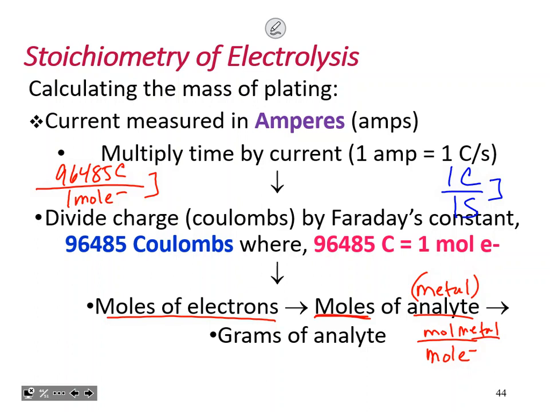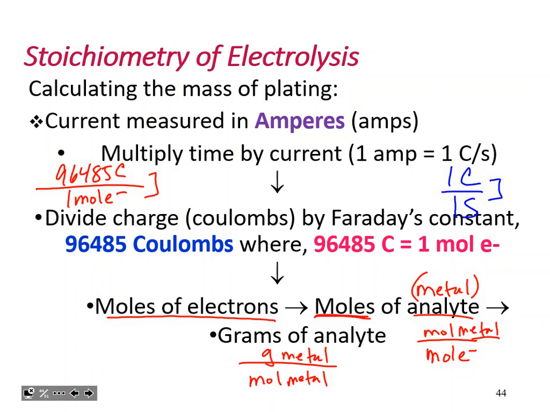And then you can do the moles of the metal, let me write that on the bottom, moles of the metal going to the grams of the metal, like so. So it's going to become this big dimensional analysis where we're setting up the fractions, and we're going to be able to calculate.